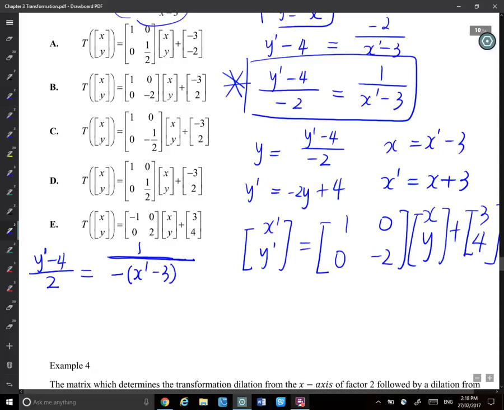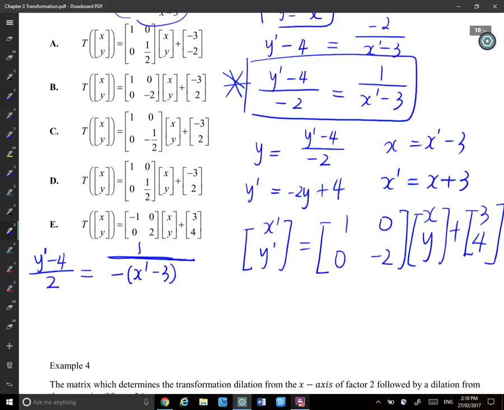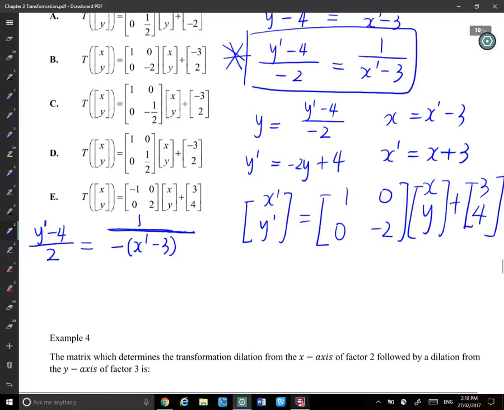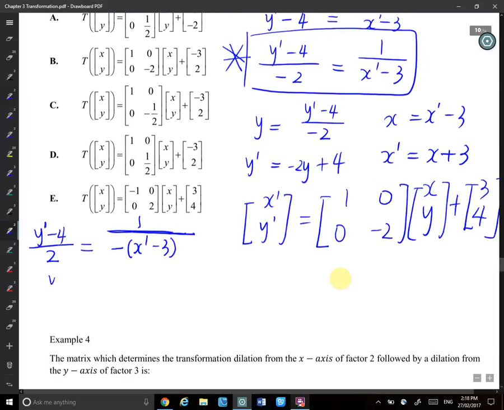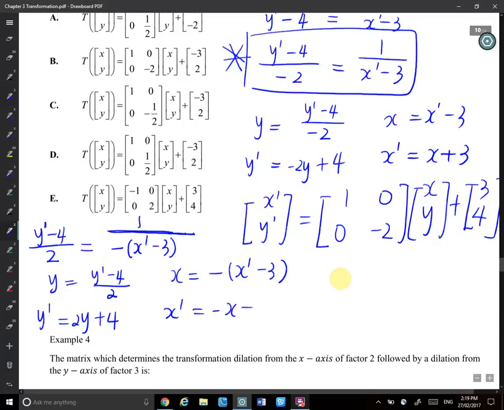Instead of putting the negative to that side, I'll put the negative down, below 1. So what I will have now: y equals y dash minus 4 over 2, so y dash equals 2y plus 4. x will equal minus x dash subtract 3, then x dash will equal minus x plus 3.